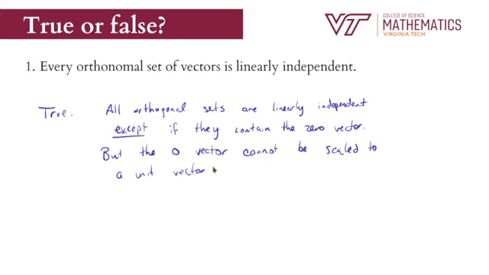And so since the zero vector cannot be scaled to a unit vector, the zero vector can't be in an orthonormal set. And so every orthonormal set is linearly independent, and that is true. All right. Let's move on to the next one.